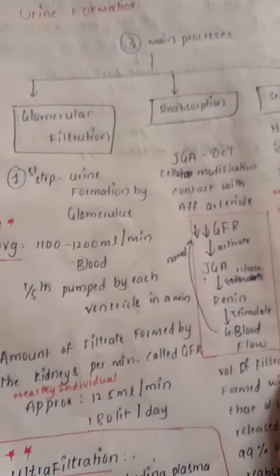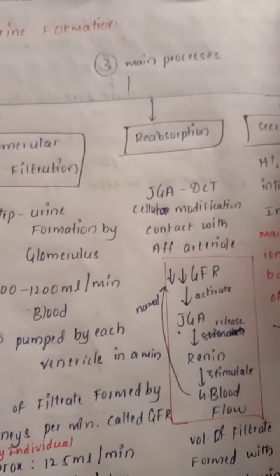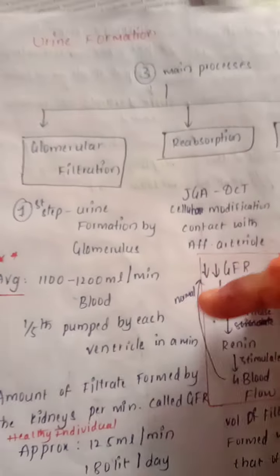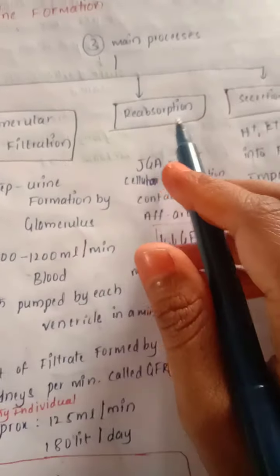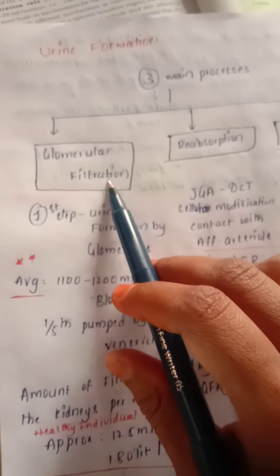So, now let us discuss urine formation. Urine formation consists of three main processes: glomerular filtration, reabsorption, and secretion. What do you mean by glomerular filtration?